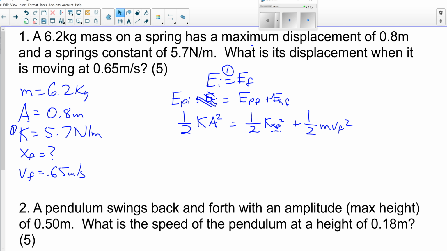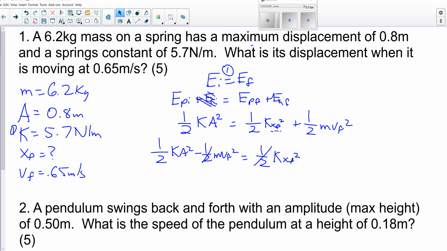I should subtract it over to the other side. So I'm going to have 1/2 Ka squared minus 1/2 mvf squared equals 1/2 Kxf squared.